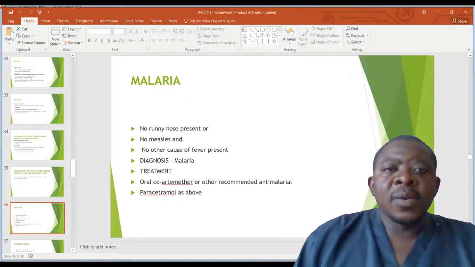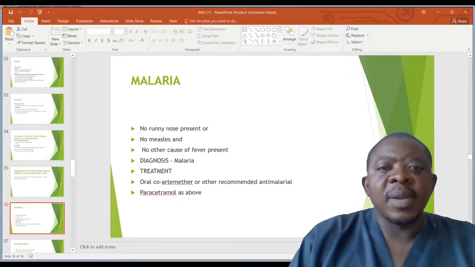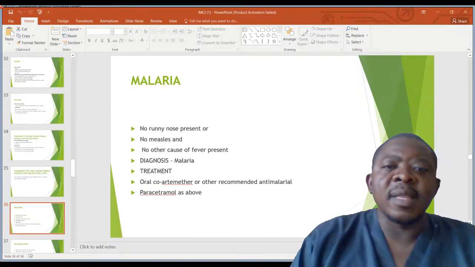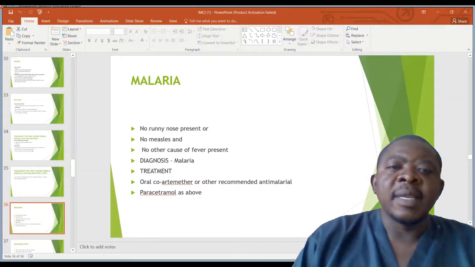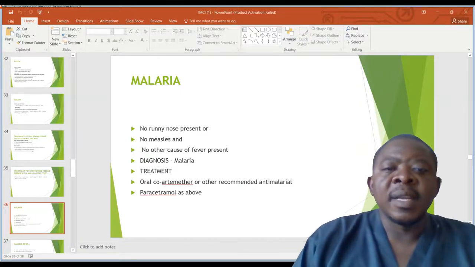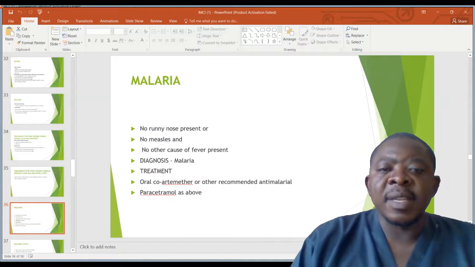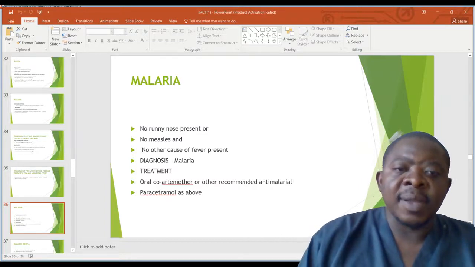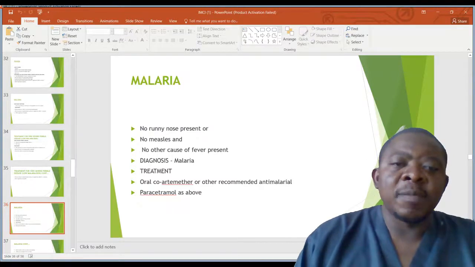So malaria, there is no runny nose present, there is no measles, no other cause of fever present, and the confirmed diagnosis is malaria by rapid testing. So treatment for malaria, you can give oral coartem and other recommended antimalarial with an antibiotic cover and also an antipyretic.